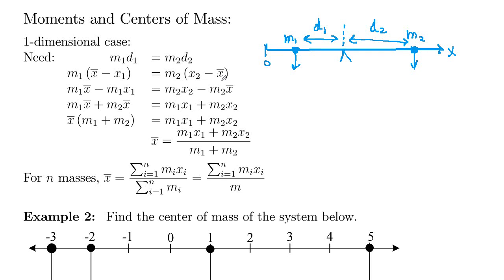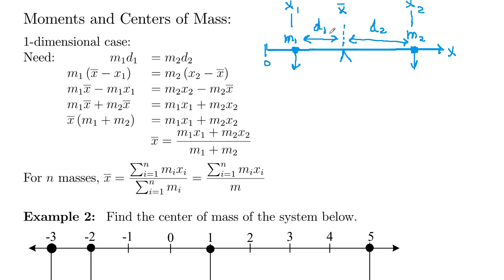It's the teeter-totter law. So if we put coordinates on here, so set the fulcrum at the coordinate x bar, and then let's set mass 1 at coordinate x1, and then mass 2 at coordinate x2.